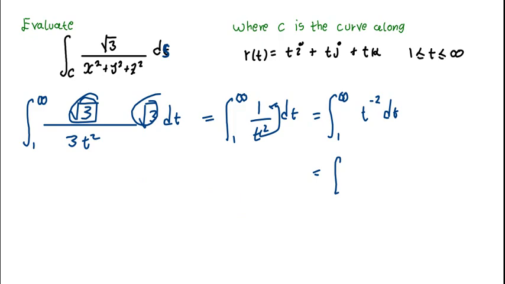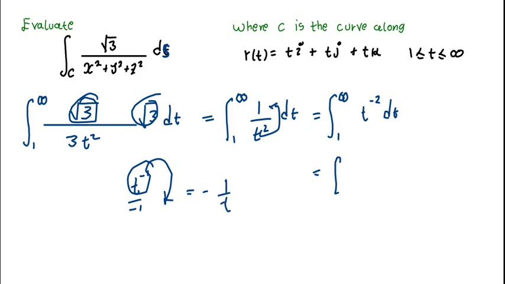So if you add the 1 there, that's going to be negative 1. So it will be t to the negative 1 divided by negative 1. This I can take to the denominator, so that will be minus 1 over t.